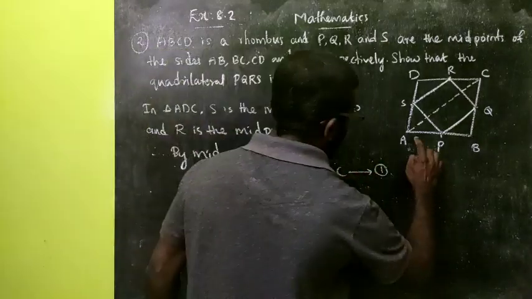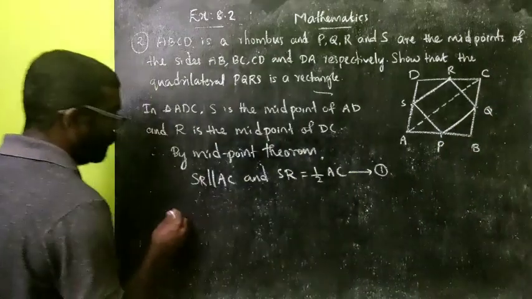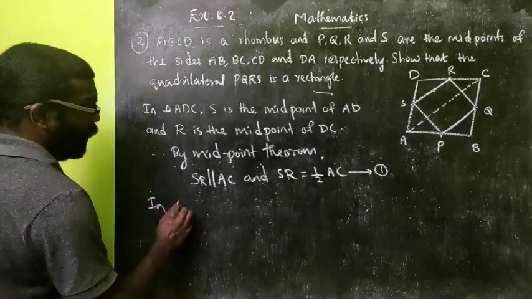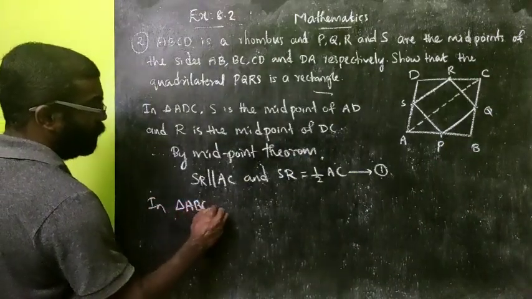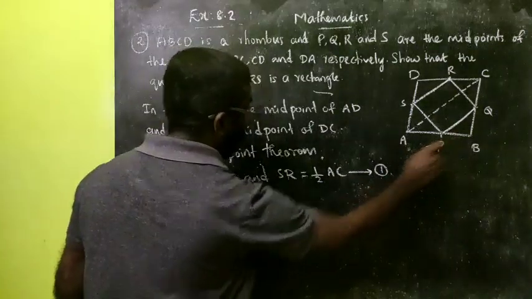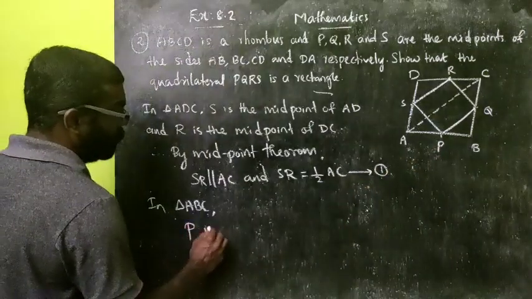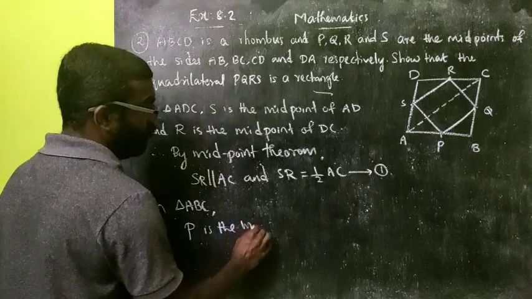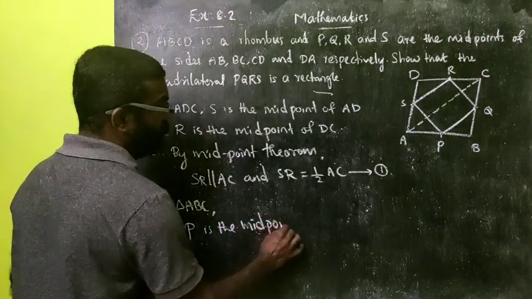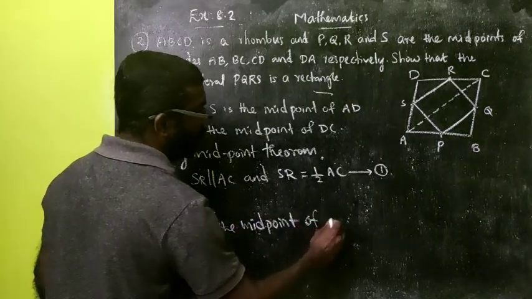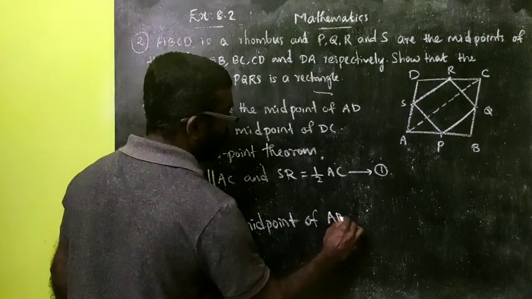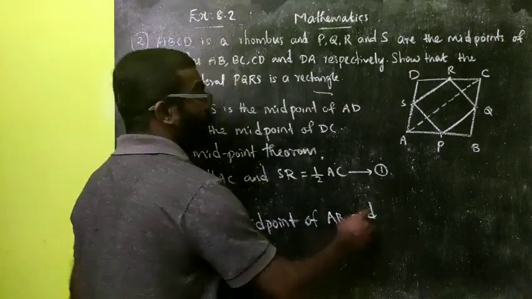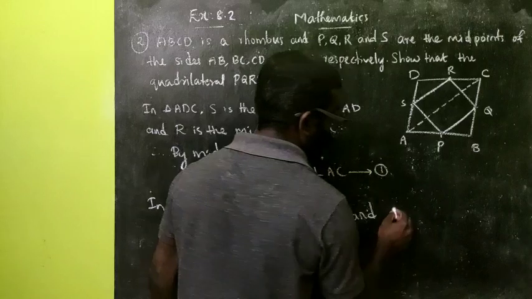Now we can consider the triangle ABC. So in triangle ABC, P is the midpoint of AB, and Q is the midpoint of BC.